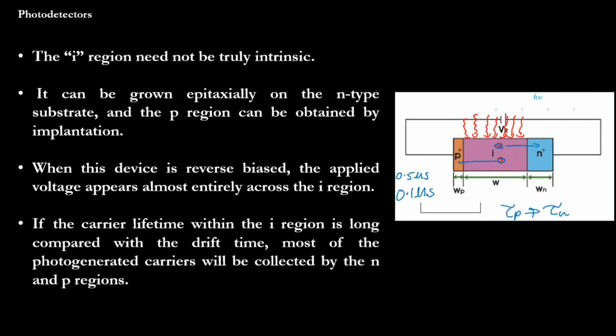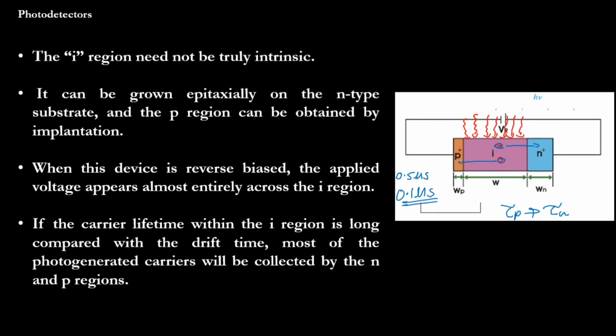I am repeating again, this is just an assumption for making the concept clear to you. Don't think the carrier lifetime is in the microsecond range. So an electron-hole pair generated will settle down within 1 microsecond.